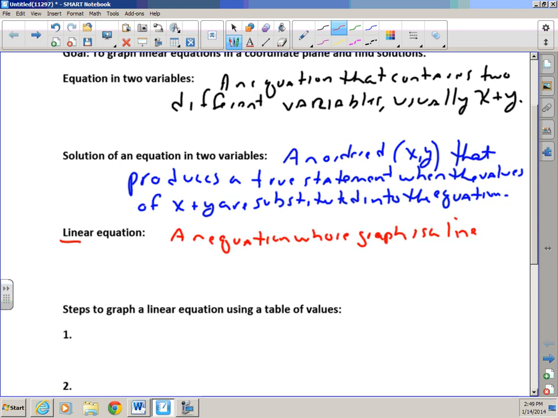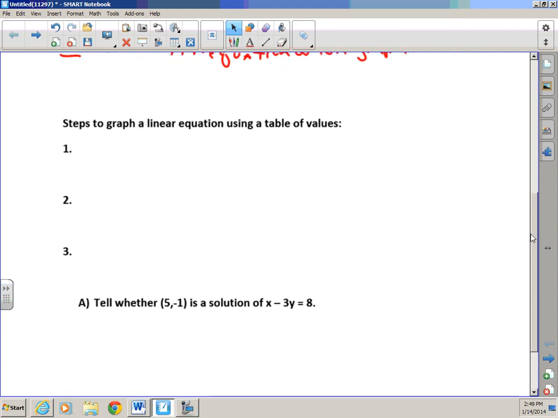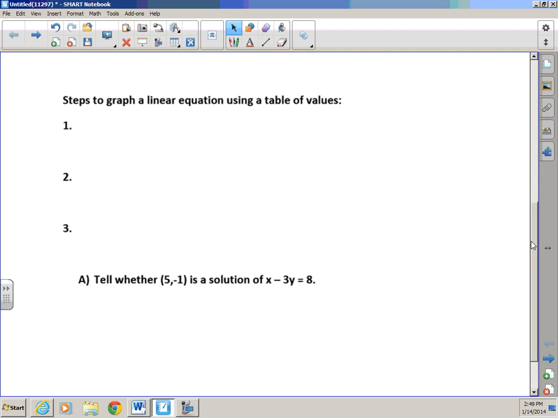All right, so let's go through our steps here. We're going to learn three ways to graph a linear equation. The first one that we're going to do today is graphing where we create a table of values.